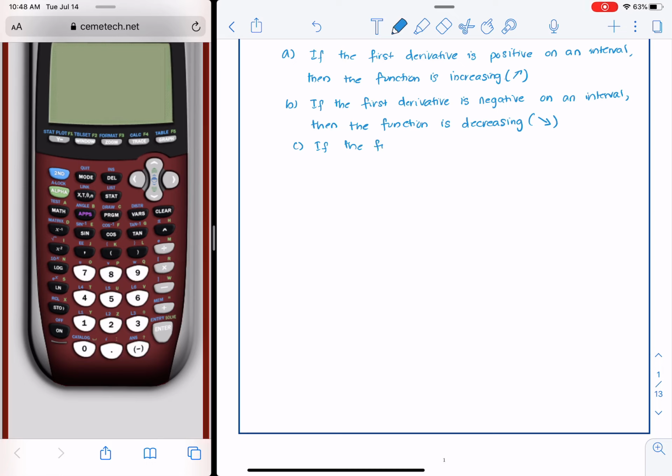If the first derivative is 0 on an interval, then the function is constant on that interval.